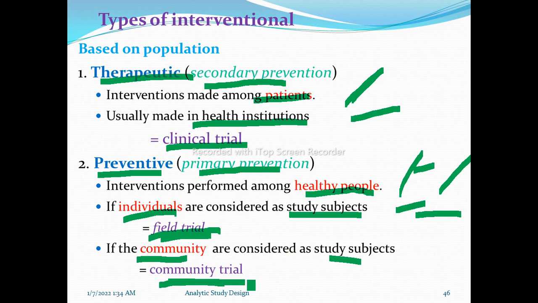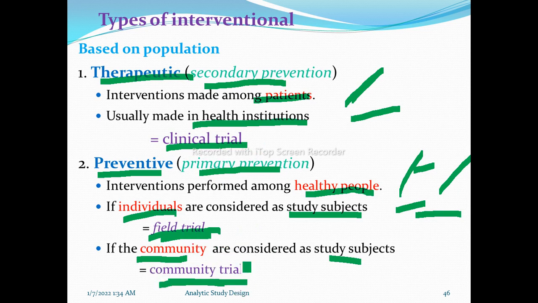For instance, in community trials, iron or iodine fortification, fluoridation like this, is done at community level. So in this case, we consider two types of study design, therapeutic and preventive, and we have three types of study trials: clinical trial, field trial, and community trial.